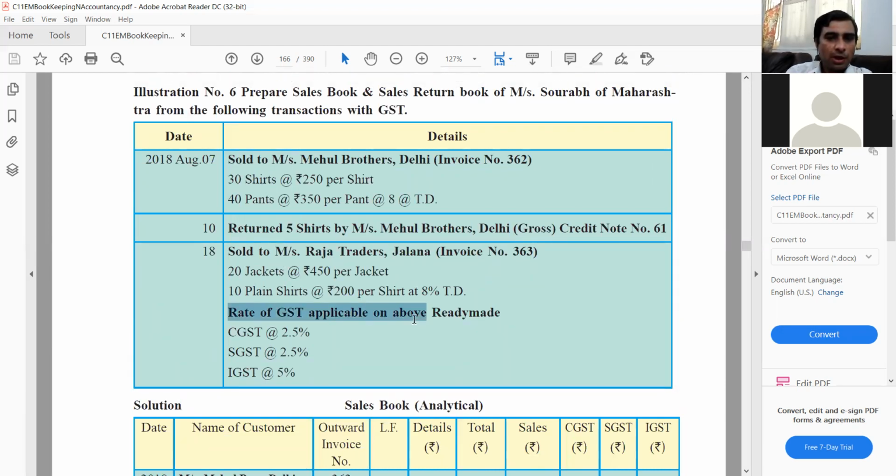Rate of GST applicable on above ready-made goods: CGST, SGST, IGST. So it is 5% and not 18%. Like in the previous example also, they have given it to be 18% rate of GST. This rate is applicable for all the three examples over here. Give me a moment.